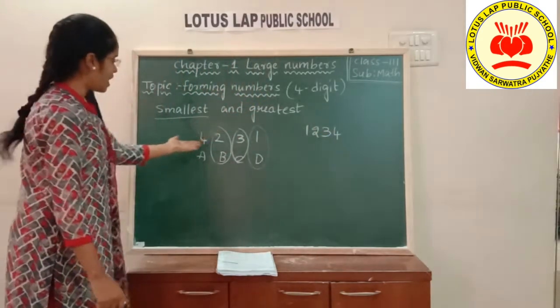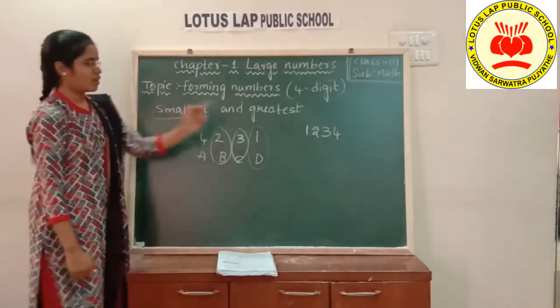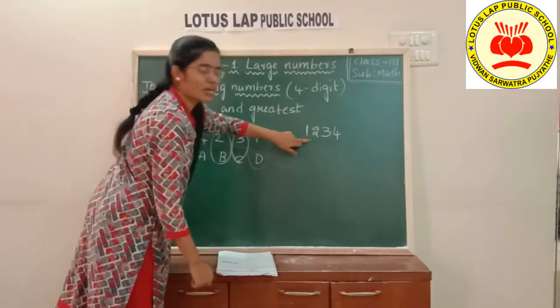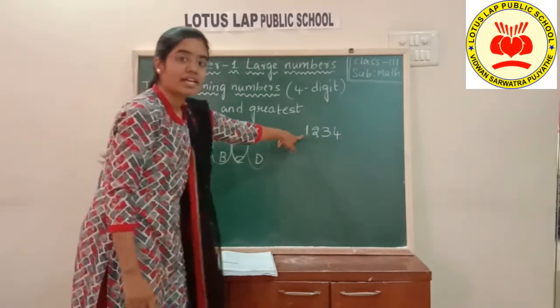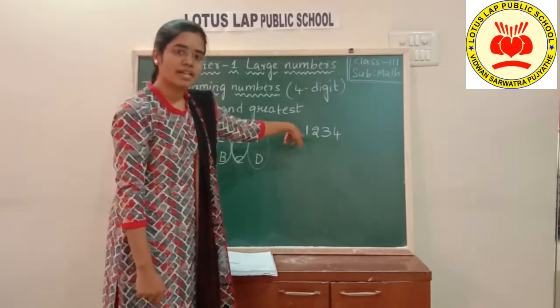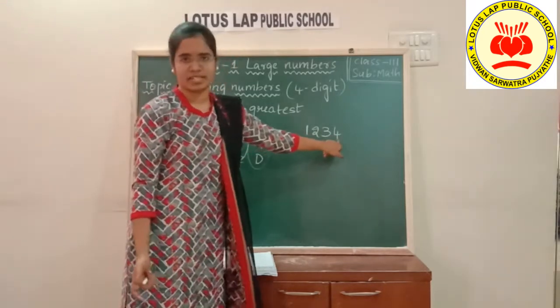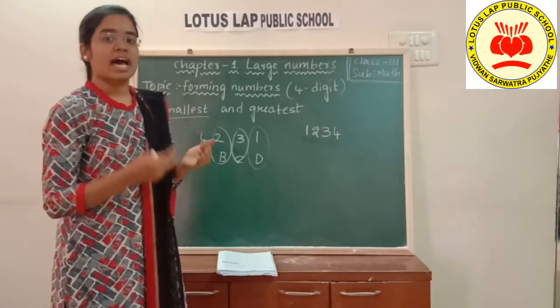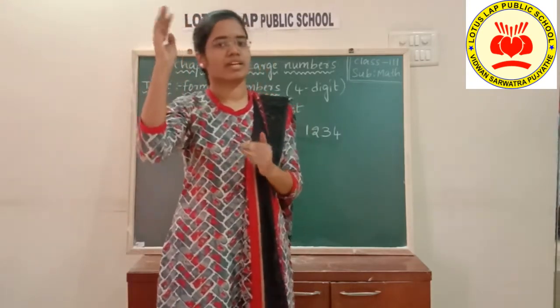See, children, I have arranged the scores from the lowest score to the highest score. Here I got a 4-digit number from the lowest score to the highest score. That means I arranged the scores in which order, children? Ascending or descending? Small to big I have arranged the scores. So the order is ascending order, as we are arranging from the lowest value to the highest value, or the smallest to the greatest.